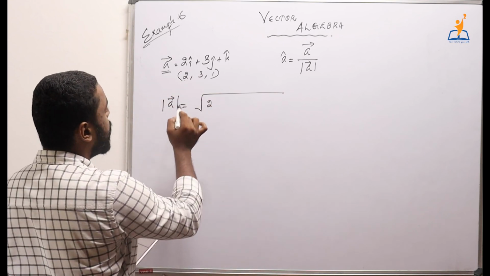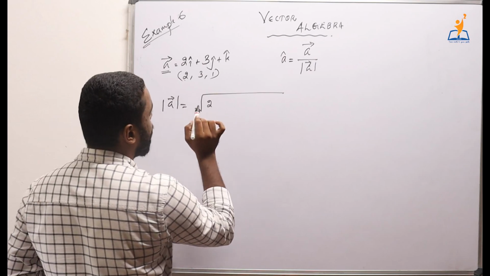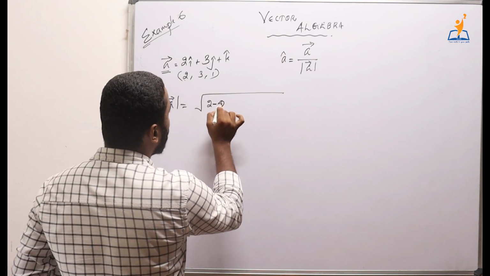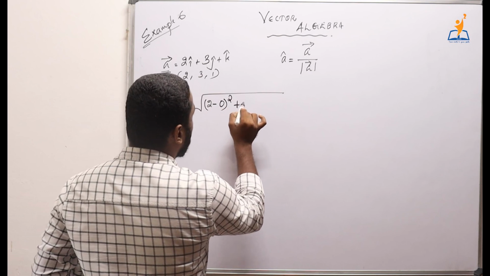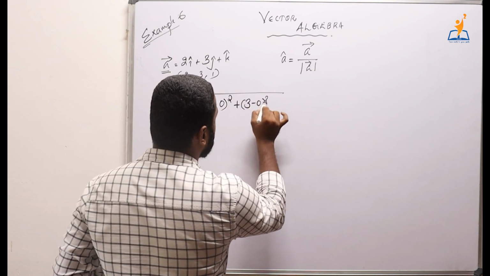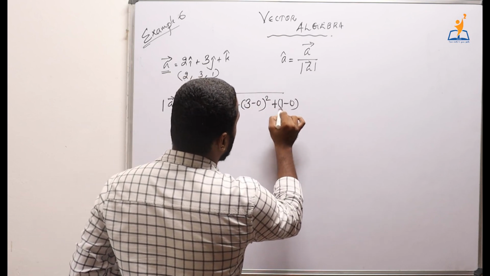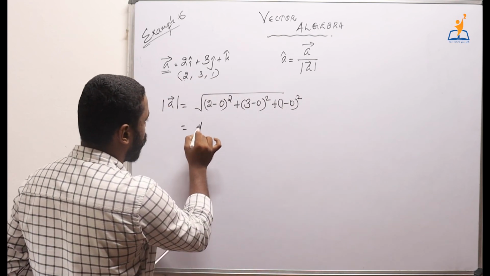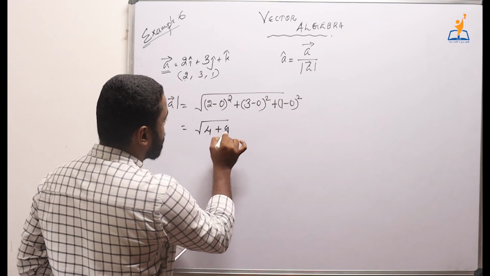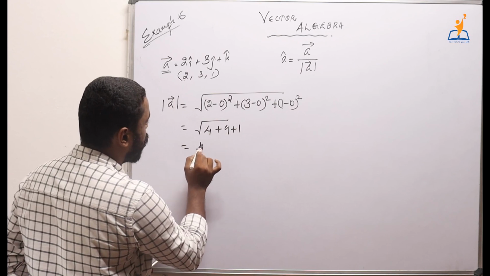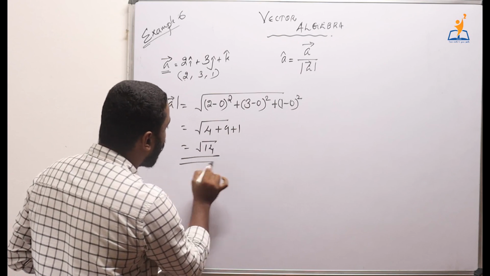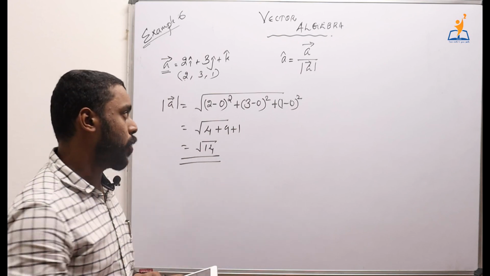So modulus of the vector a is equal to root of 2 minus 0 the whole square plus 3 minus 0 the whole square plus 1 minus 0 the whole square, which is equal to root of 4 plus 9 plus 1, which is equal to root of 14. So mod a is nothing but root 14.